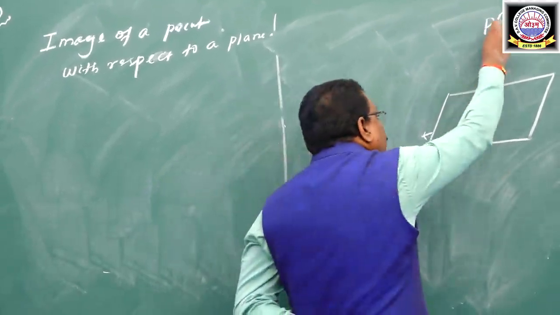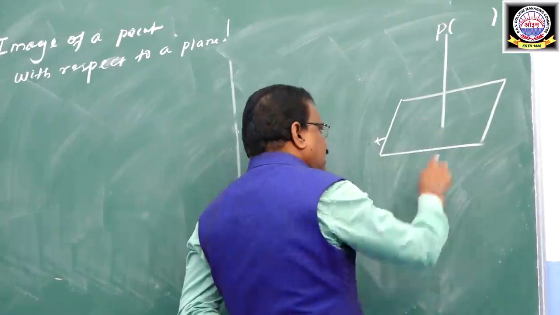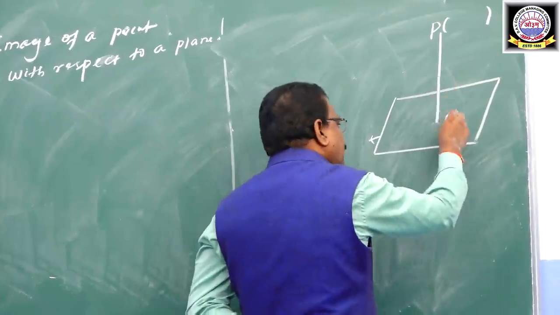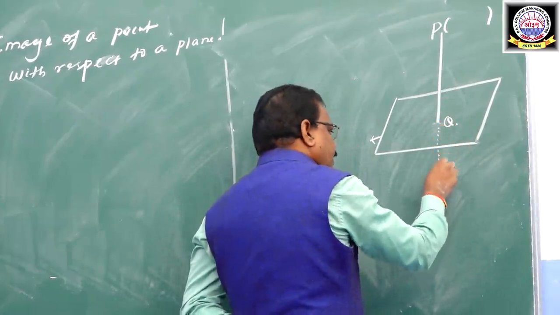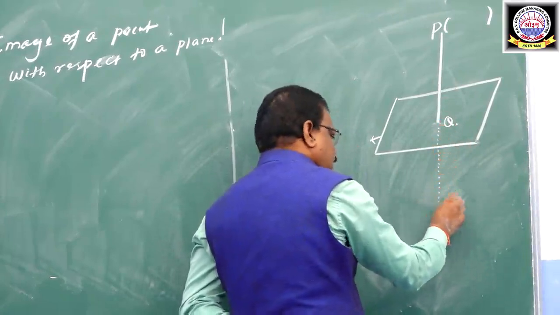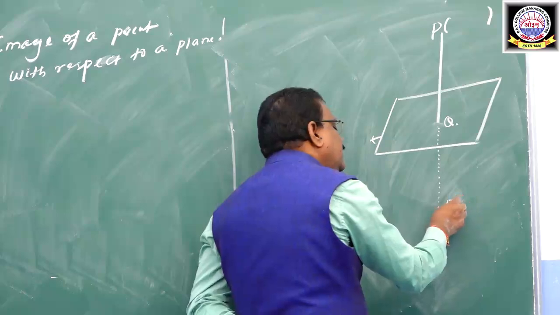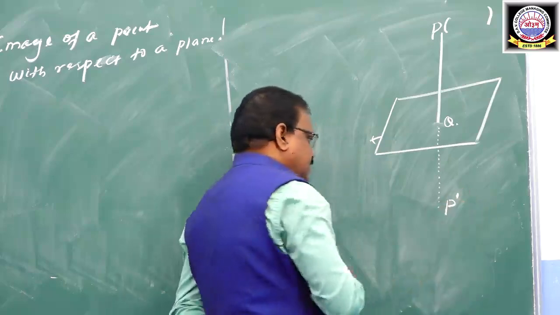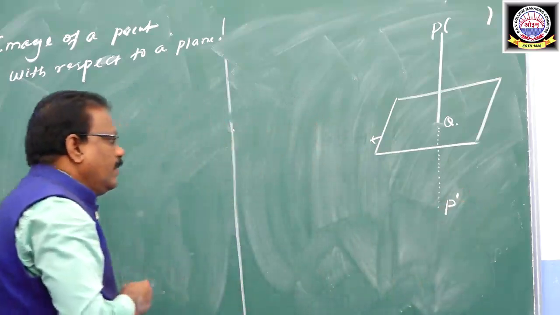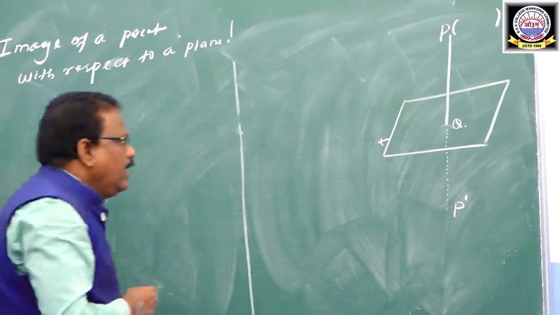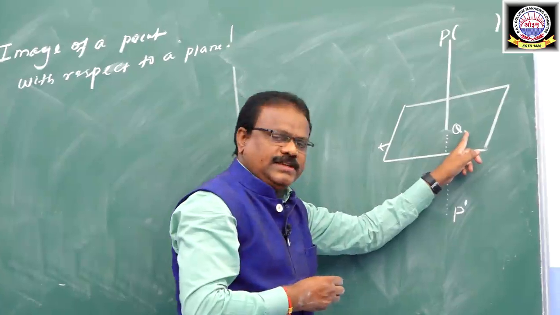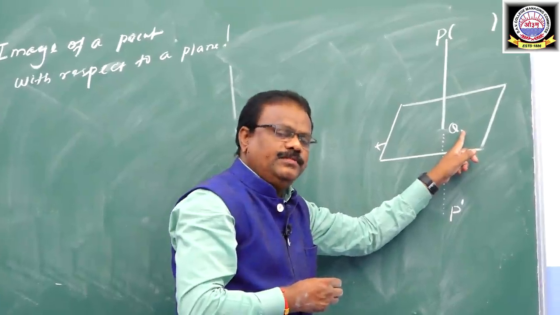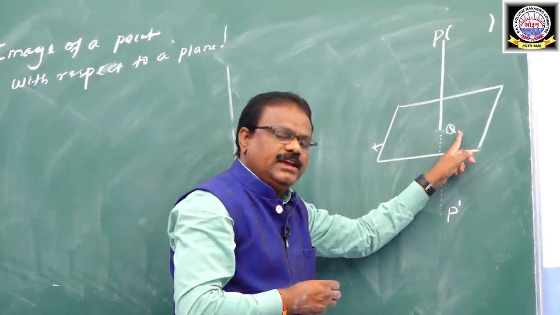Let us drop the perpendicular first. Let it intersect at a point Q, and let the image of the point P be P dash. By the previous method we can get the coordinates of the point Q, that is the point of intersection between the line and plane.